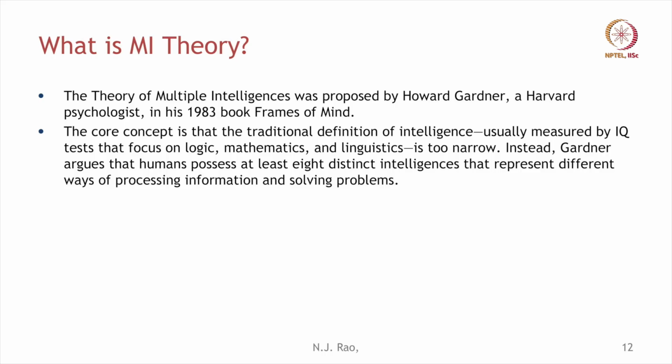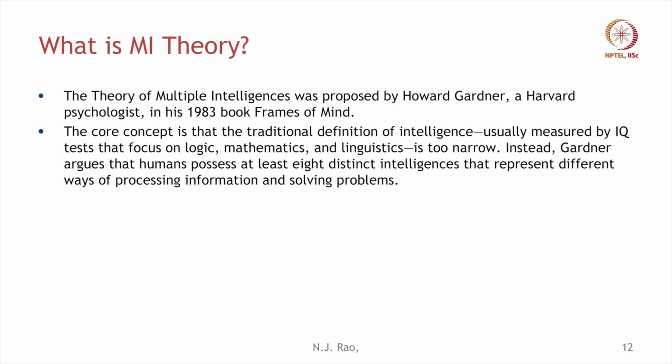It is too narrow. Instead, Gardner argues that humans possess at least 8 distinct intelligences that represent different ways of processing information and solving problems. All these intelligences will also come under the category of cognitive science.